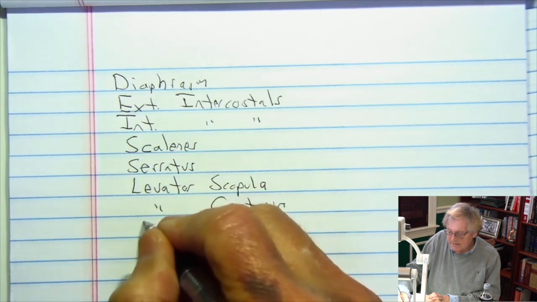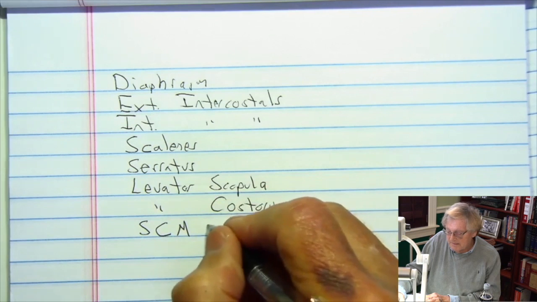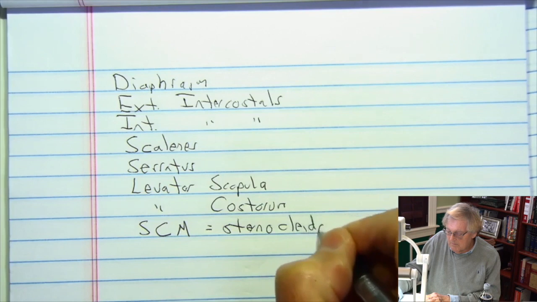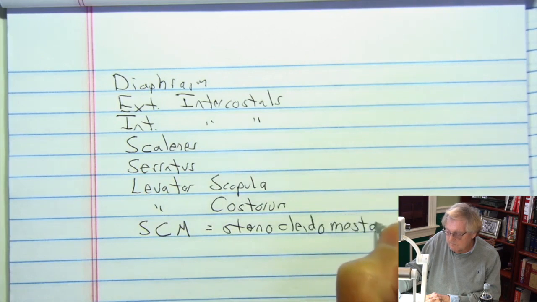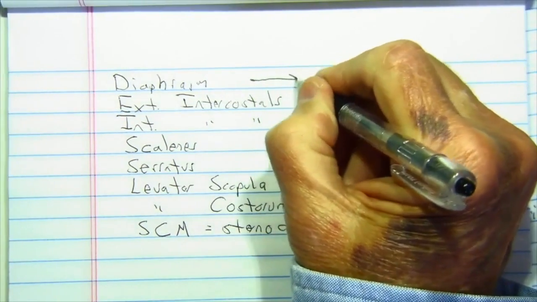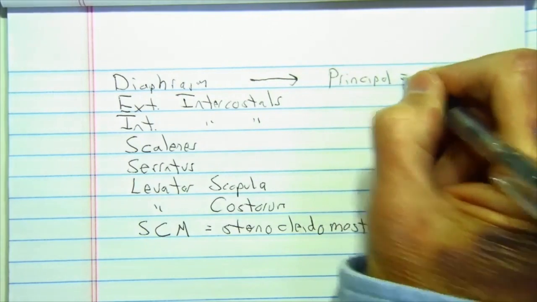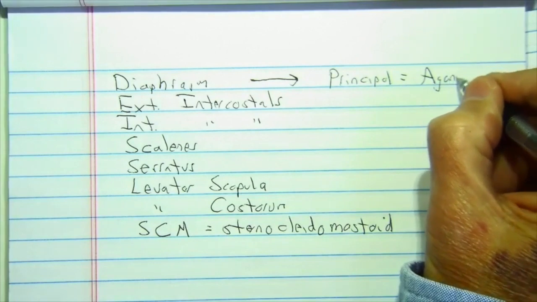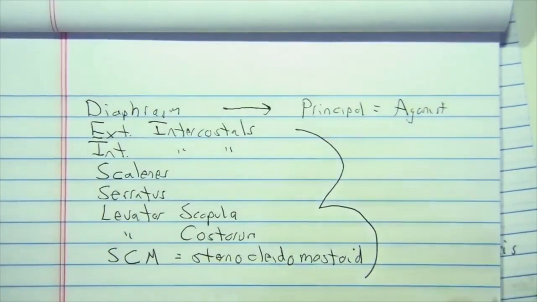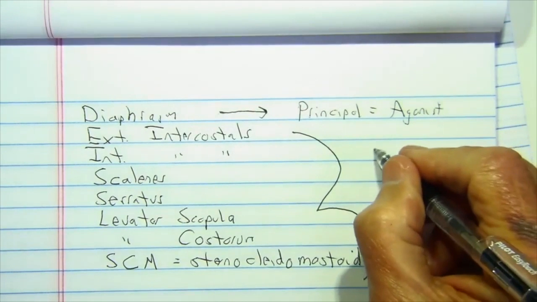And then generally I also add the SCM, one you're probably familiar with, the sternocleidomastoid. So the diaphragm is going to be the principal muscle, or the agonist. And these muscles here all are going to help or assist the diaphragm. So those are going to be synergists.